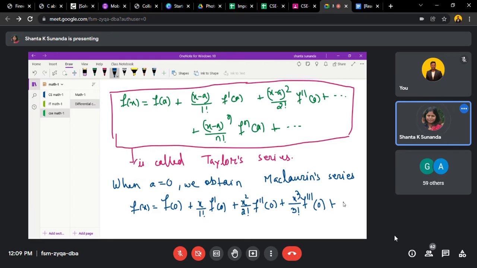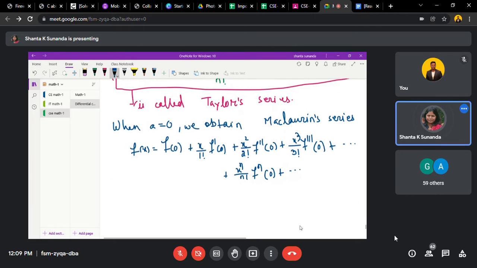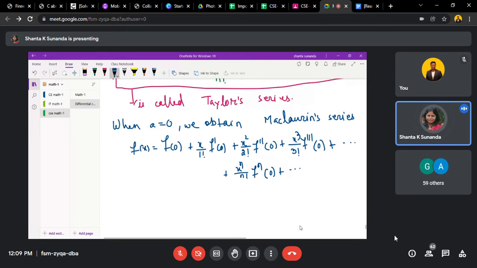And the (n+1)th term will look like this: x to the power n by n factorial times the nth derivative of f at 0. So it's an infinite series, since we look at functions that are infinitely differentiable. This one is the Maclaurin series.